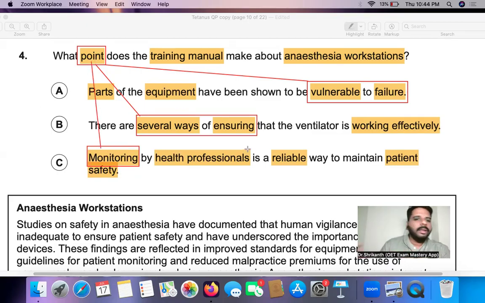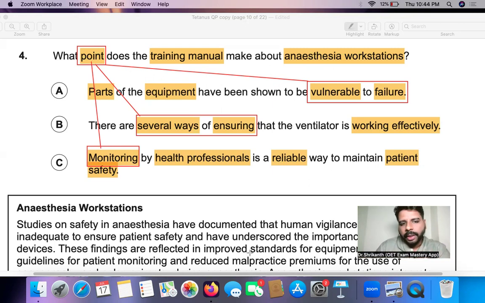Now you see over here, you have to understand what I need to focus on. So now the elimination. Once you read the paragraph, and you're trying to eliminate the incorrect answer options, all you need to ask is: is the paragraph talking about vulnerability to failure? Is the paragraph talking about different ways of ensuring?